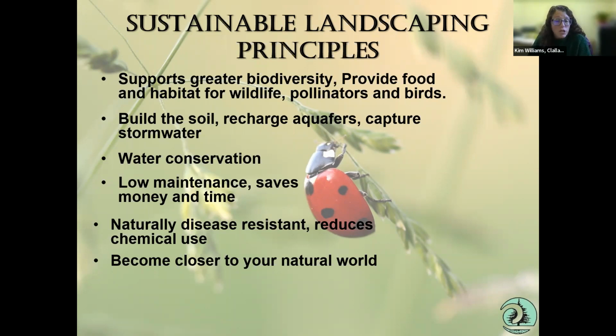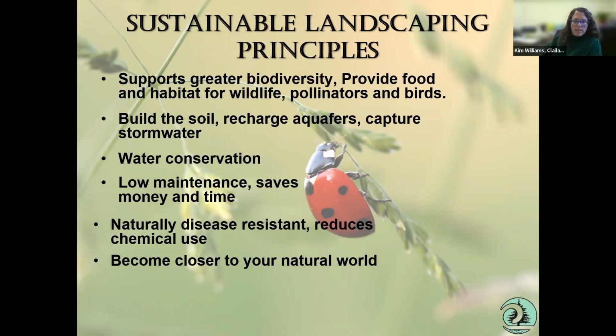Water conservation is one of the biggest reasons to use sustainable landscaping. Our water resources are precious. They are under attack right now. They're low, and water resources are in the limelight right now.